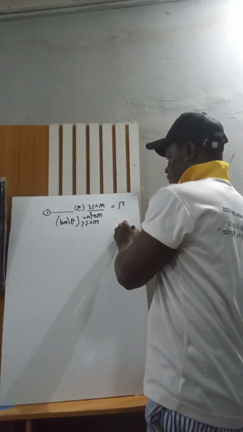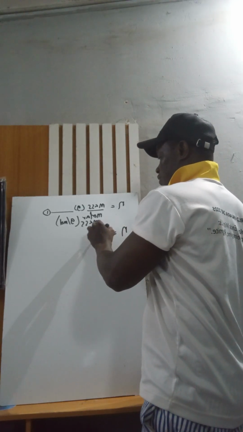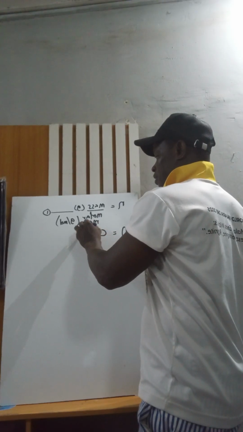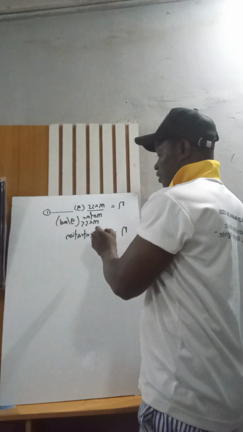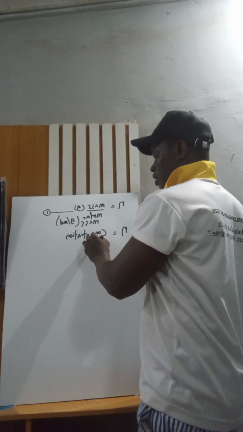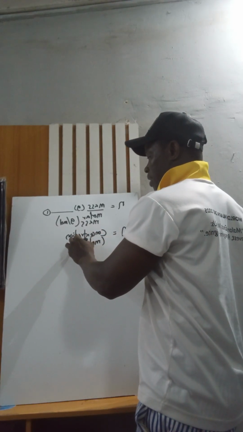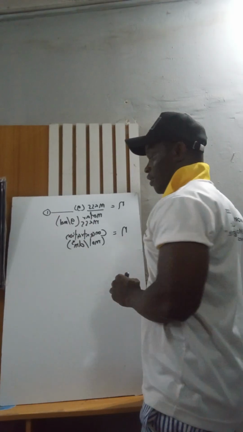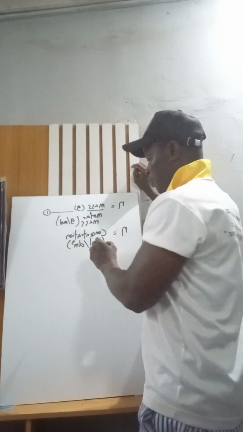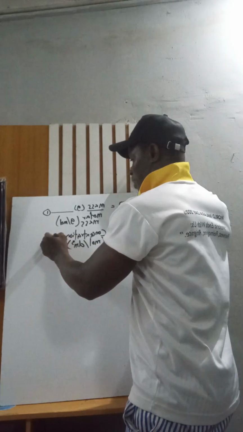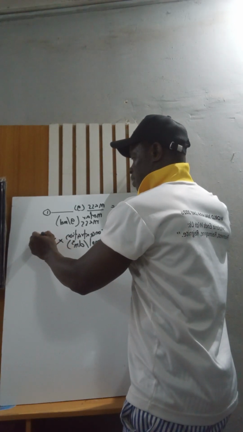We also have number of moles is concentration, and this concentration must be measured in mole per dm cube, multiplied by volume.